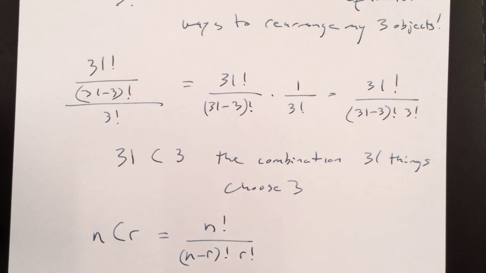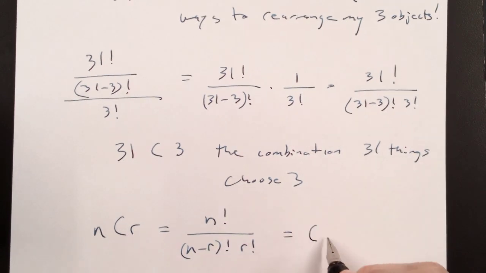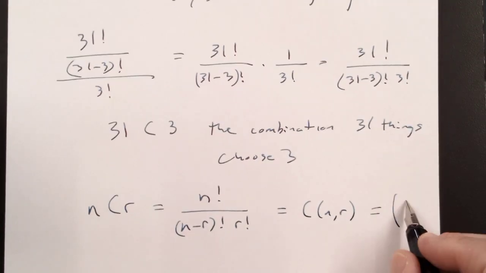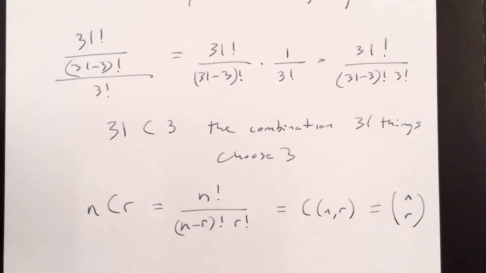Again, we will see other versions of this formula written with different symbols. This last one, a pair of parentheses with the n on top and the r on the bottom, like it was a fraction, but there's no bar in the middle. That's called a binomial coefficient.